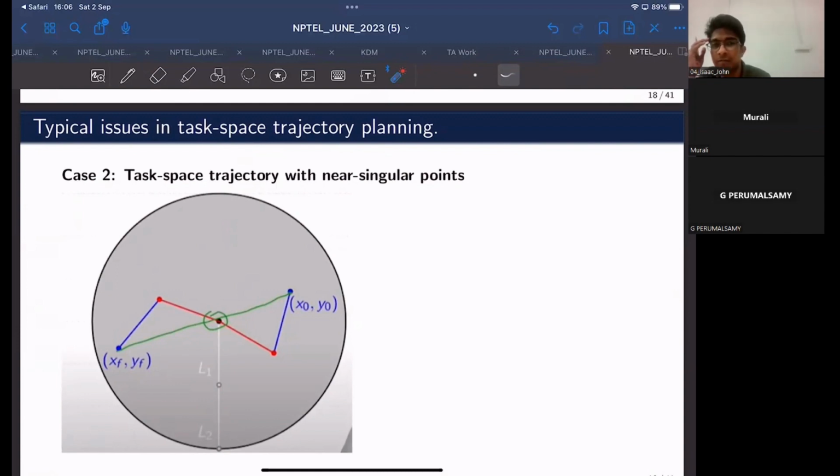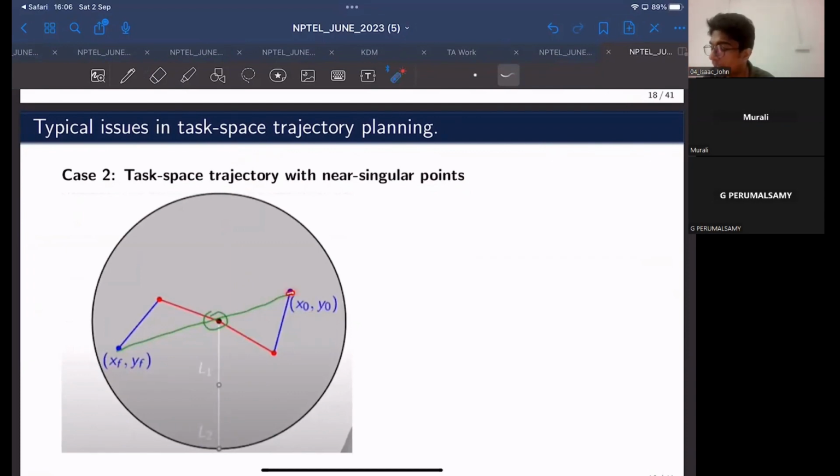What we have already seen in the previous lecture is that singularities are something to be avoided, because they will cause the actuators to have infinite velocities. If you want to control a specific velocity, it can theoretically have infinite velocity. So that is something to be avoided.